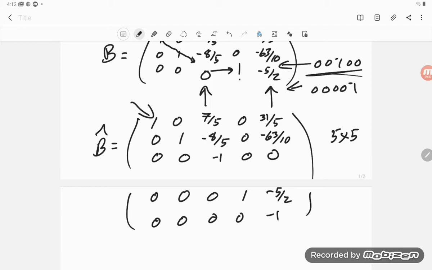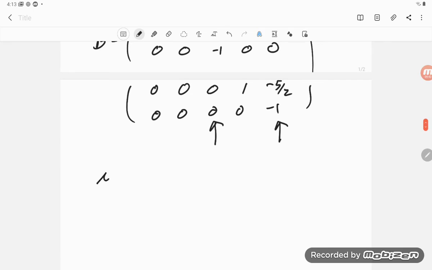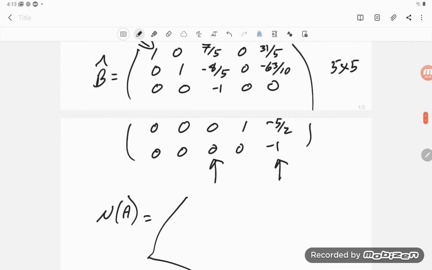And what I can do to get my basis from this, I just take the negative of that column and the negative of that column, and so my null space of A is generated by what?